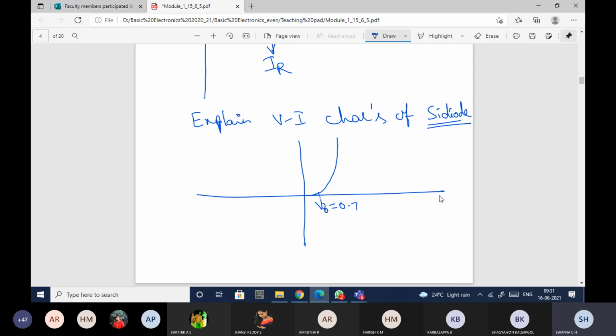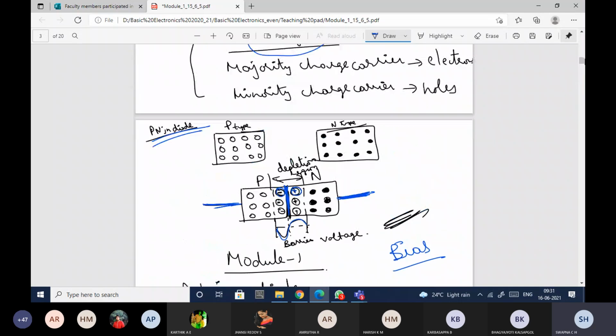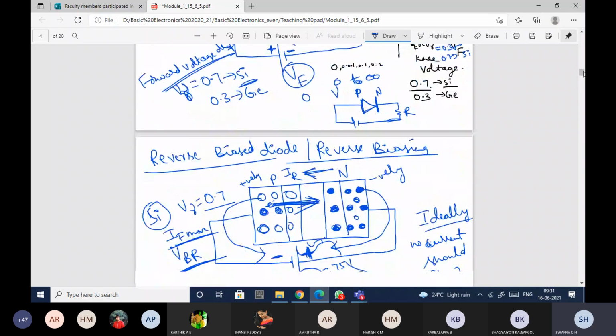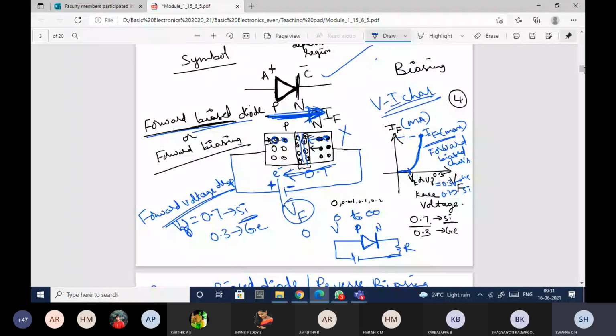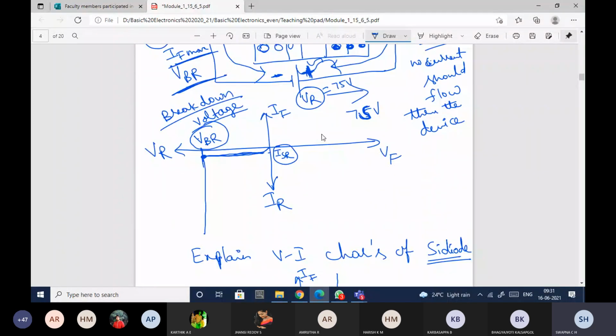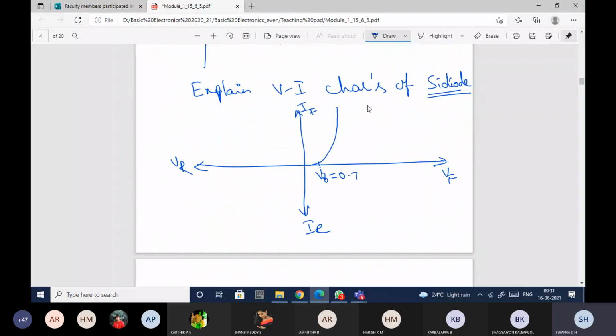This is the forward voltage VF and forward current IF, and this is the reverse voltage and reverse current. You cannot directly draw the characteristics; you need to explain whatever I have explained about the PN junction diode, start from there, and finally draw the characteristics. When explaining individual characteristics you can draw them too, but finally you can draw all the forward and reverse characteristics in this way.